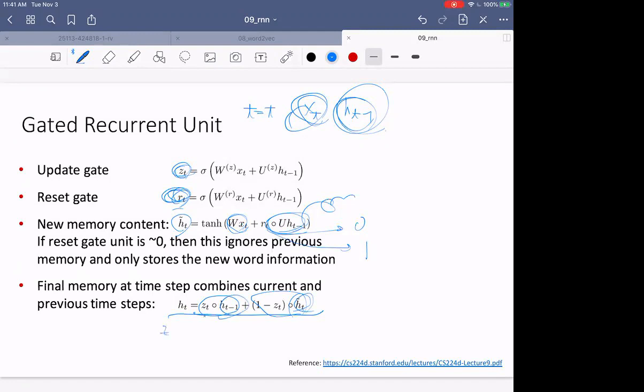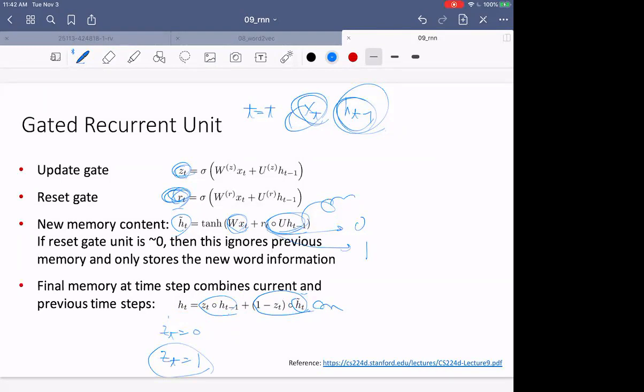If ZT is 0, then the past time step, HT minus 1, dies down and only the new information survives. If ZT equals 1, then your new information, H tilde, dies down and only your past information survives. So if ZT equals 1, you're basically just copying the hidden layer from the previous time step to the current time step, and that's it.